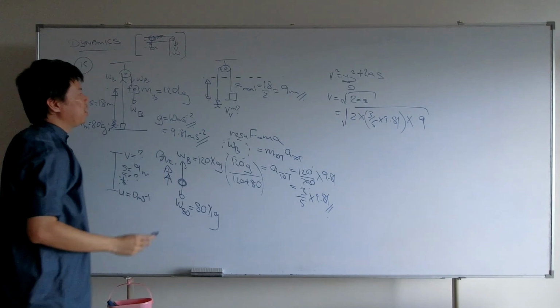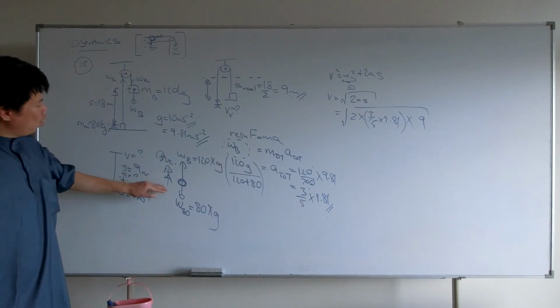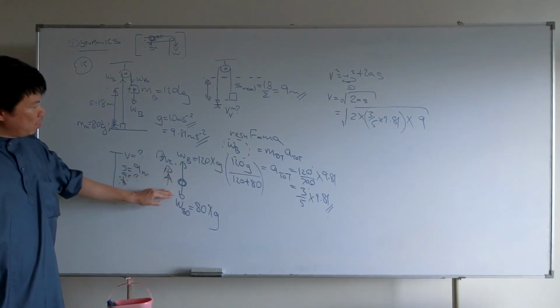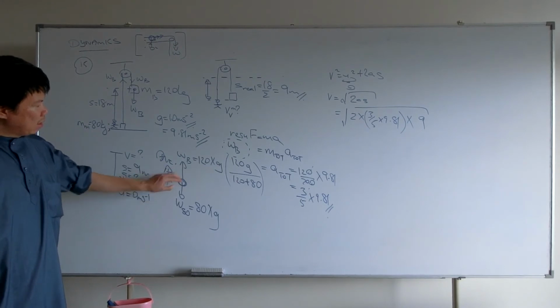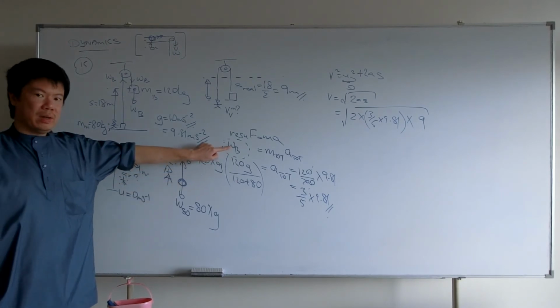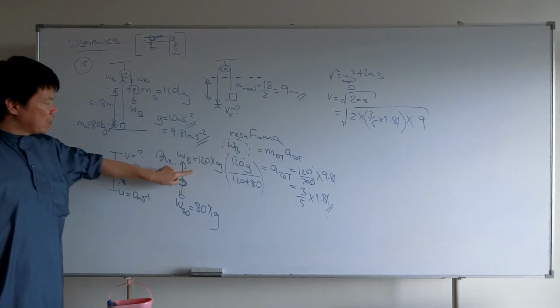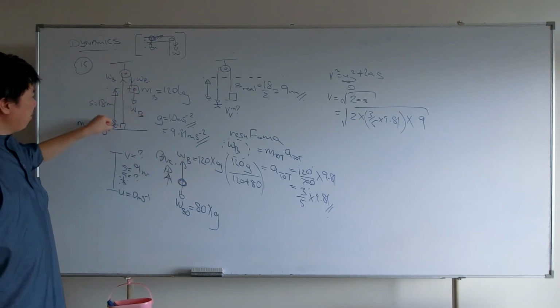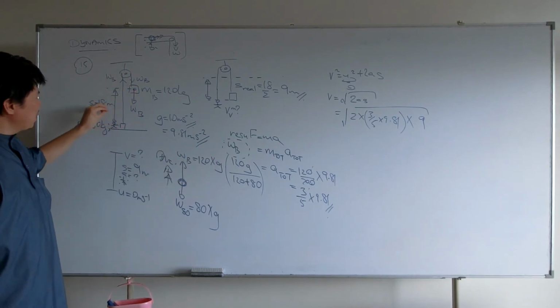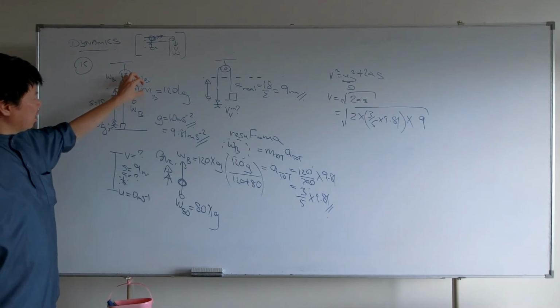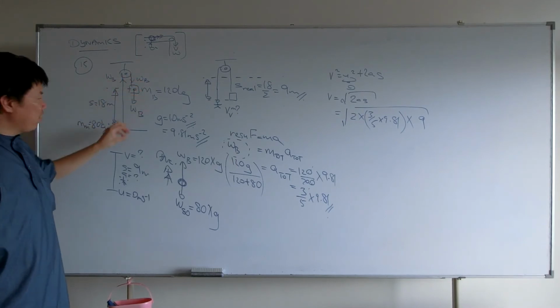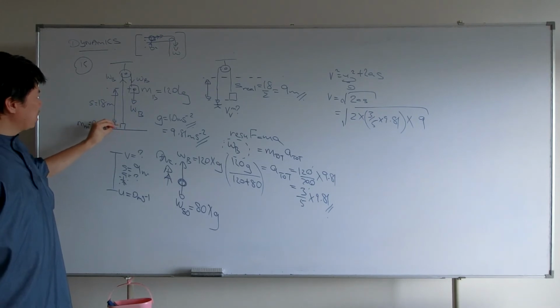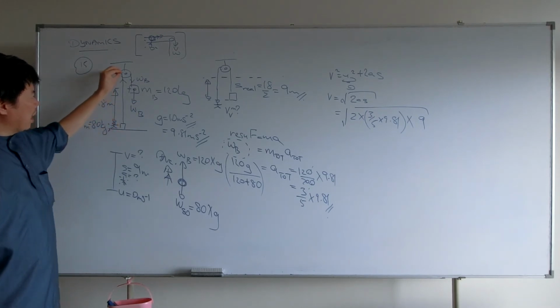But you have to be careful with this question. When you draw the force diagram, yes, the weight of the barrel is pulling up. But if the man was weightless, this will pull up way, way faster. If you have a small little feather duster attached to this instead of a man, it will accelerate way faster.